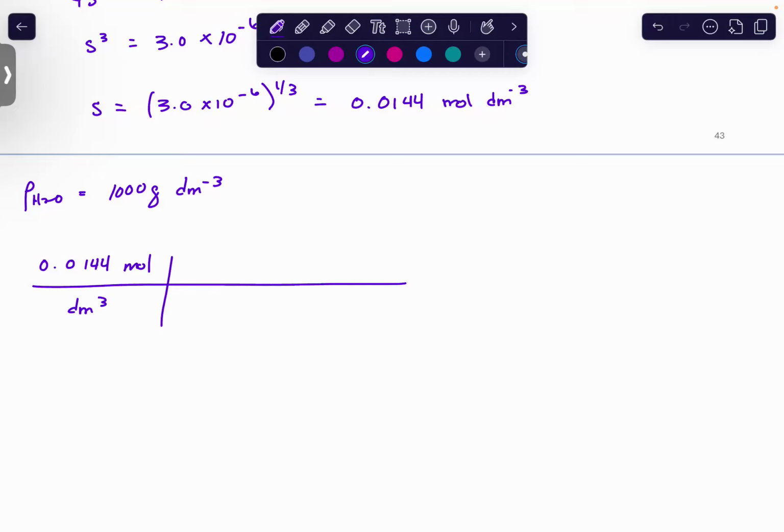We want grams of this, so that this compound is going to be 311.8 grams per mole. And then our water's density, this is going to give us 0.00449 grams of our compound per gram of H2O.